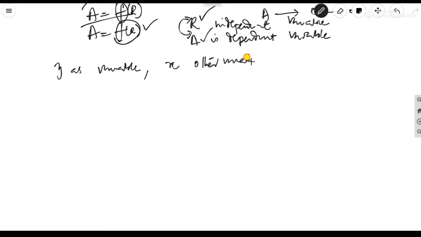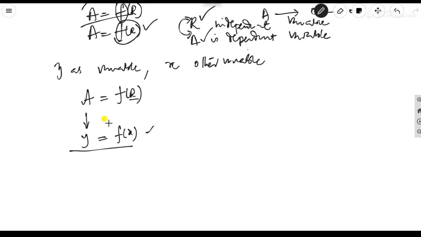Like A is a function of r, we can write A as y and r as x. This equation tells that y is dependent on x, that is, y is a function of x.